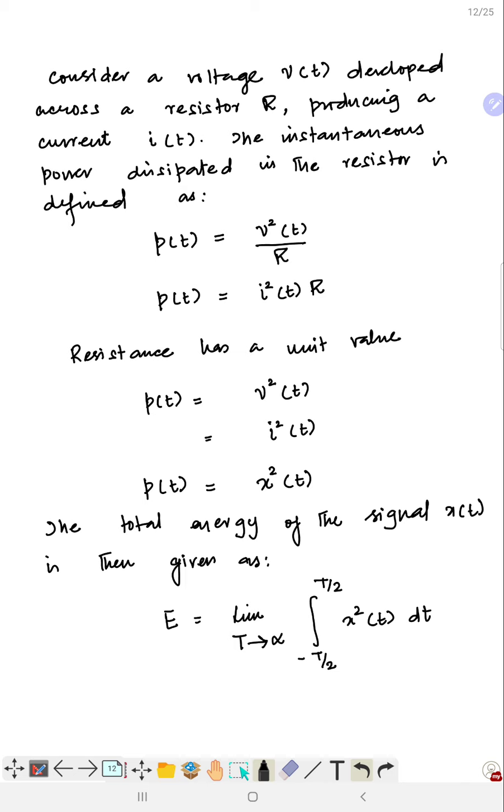Yeah, you can directly say, instead of proceeding to the limit, it is the integral from minus infinity to plus infinity of x squared t dt. That will be the total energy content in this signal. Fine. So let's call it 1.